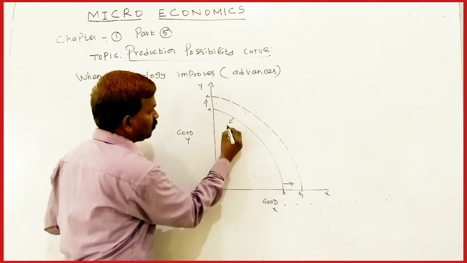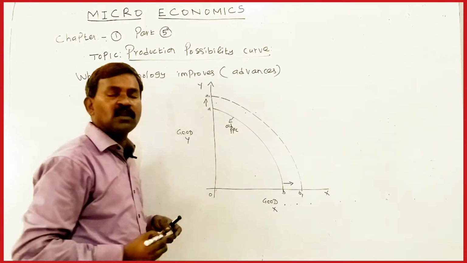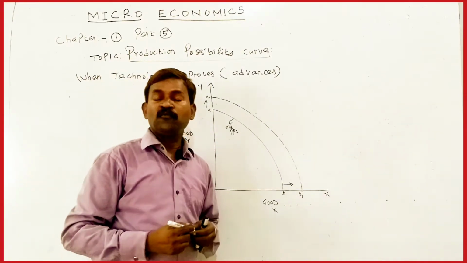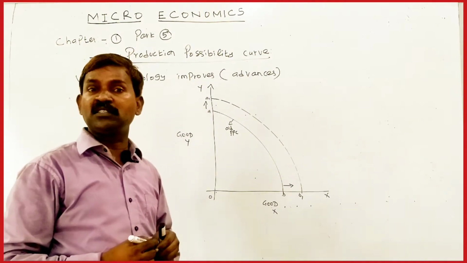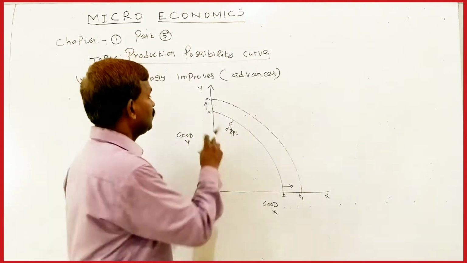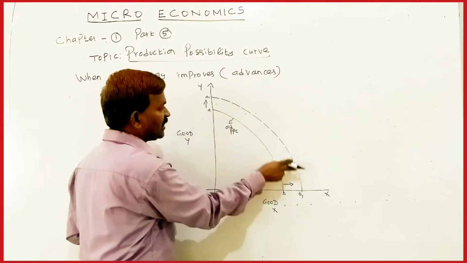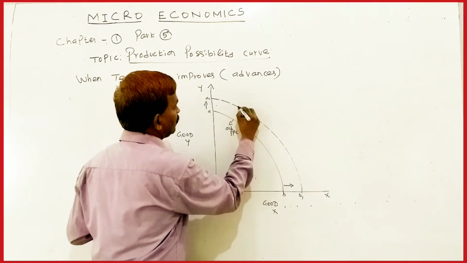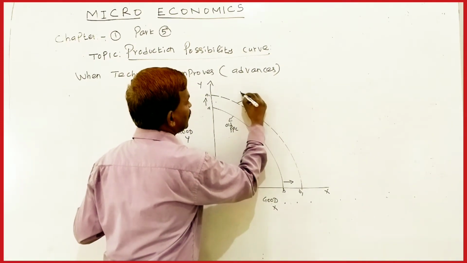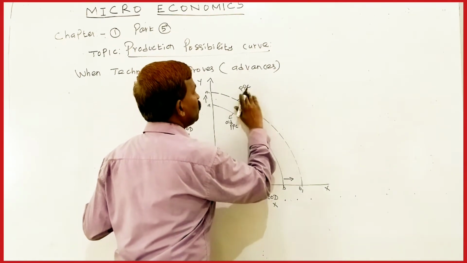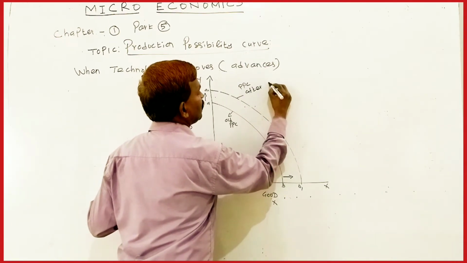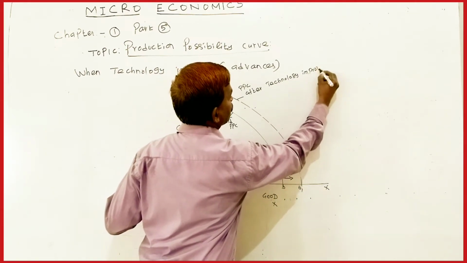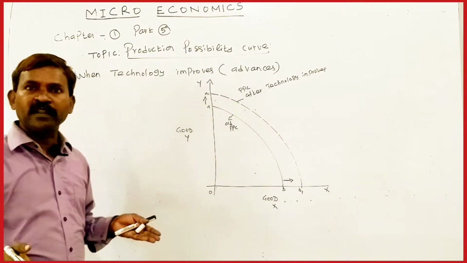This is the old PPC. Before there was any advancement, any innovation, any improvement in the technology of producing both the goods, this was the PPC. But after the technology improves or advances, what happened? This is the new PPC after technology improves. So this is what you have to explain. What is this called?